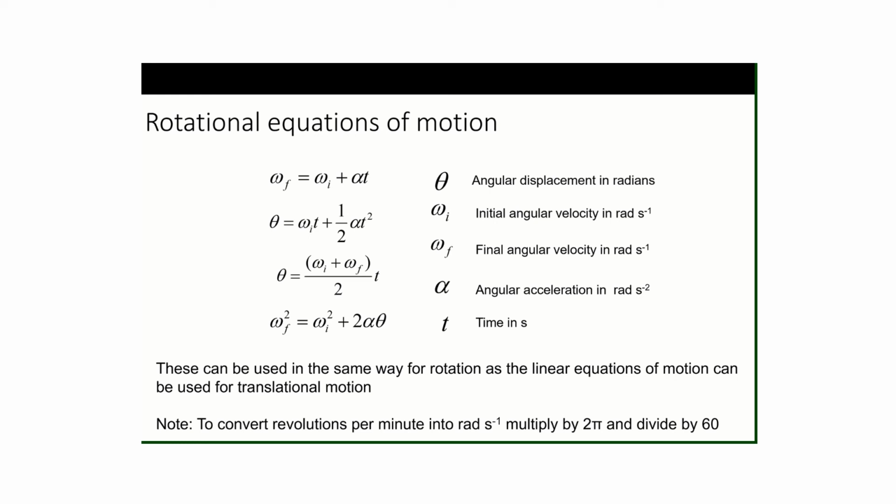Note, to convert revolutions per minute into radians per second, we multiply by 2 pi. 2 pi is the number of radians in a circle, and then obviously to convert minutes to seconds, we have to divide by 60. That's the first video on rotation.